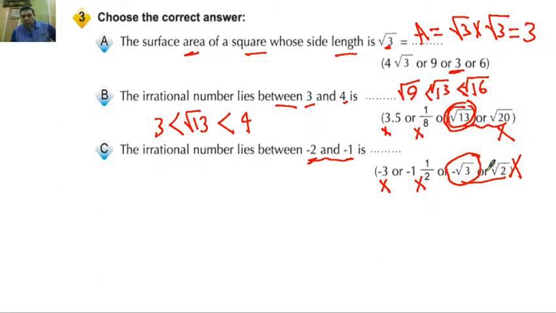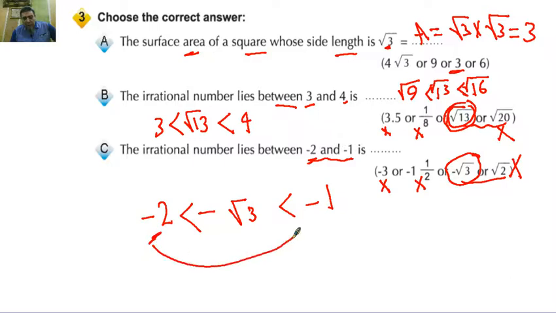It is greater than -2 and less than -1. This is the inequality: we put -2 on the first side and -1 on the greater side.